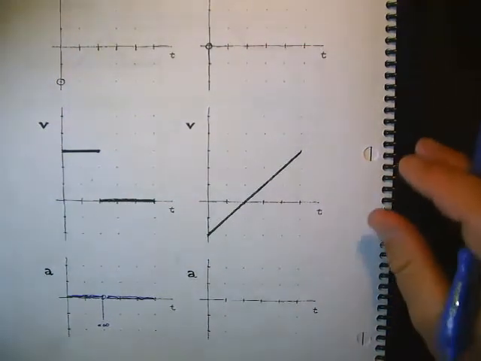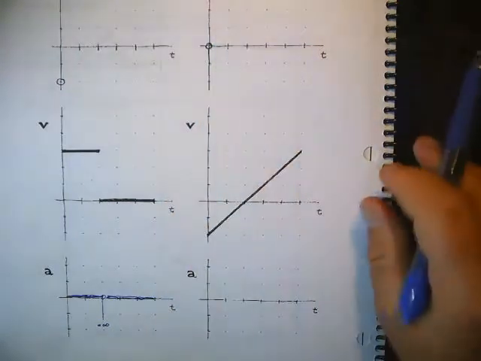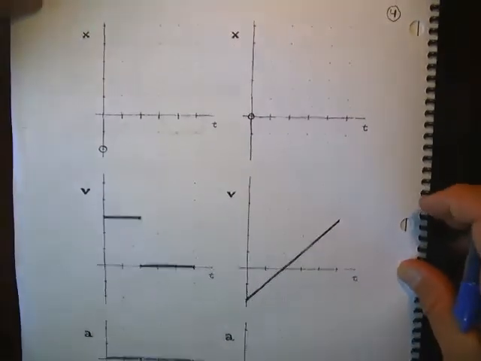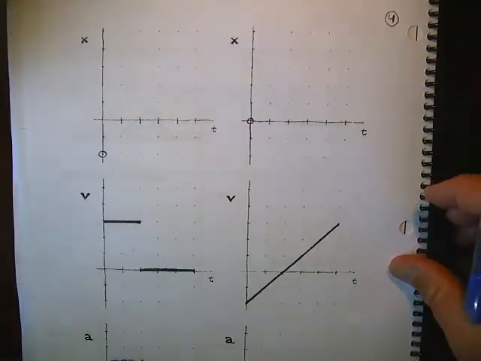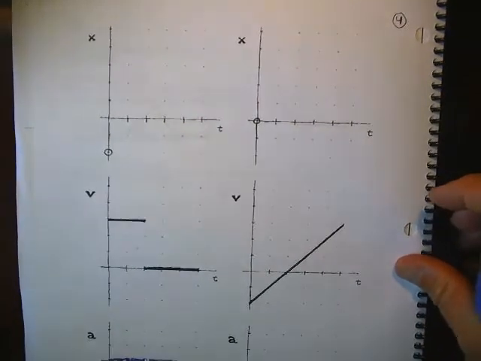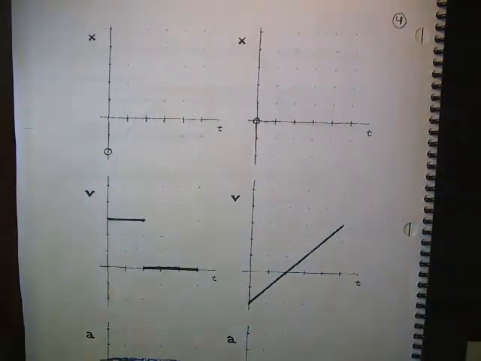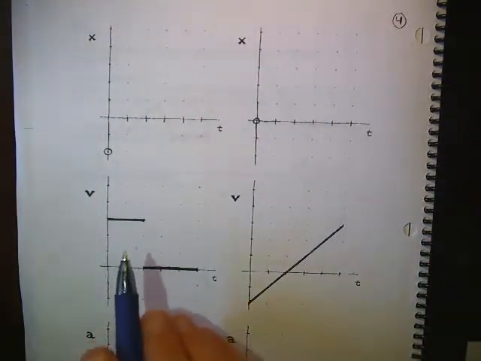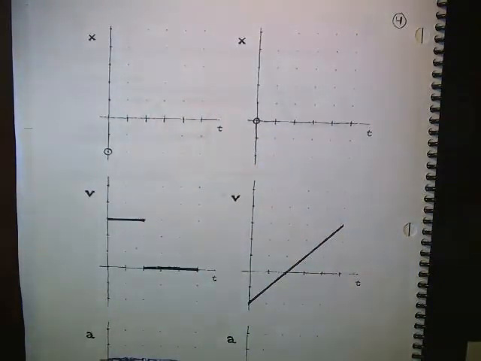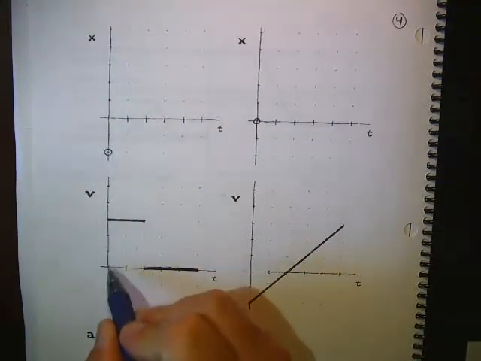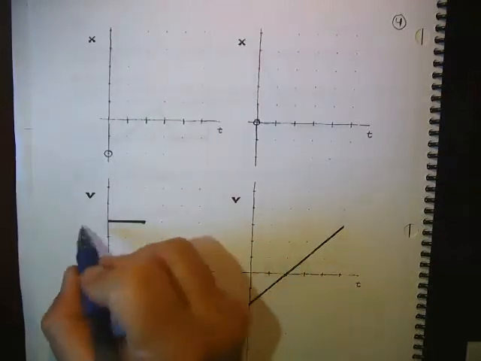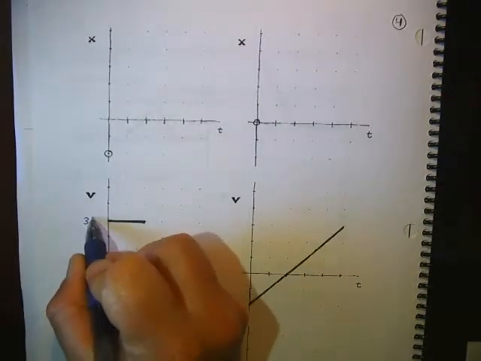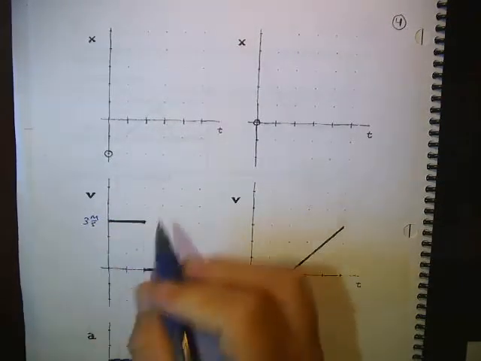Now, what we haven't done yet is to go the other way. There's a couple ways to think about this, and I want to cover both of them. One way, if we're trying to get the position graph, is we could say, during the first second, this thing is going at 3 meters per second.